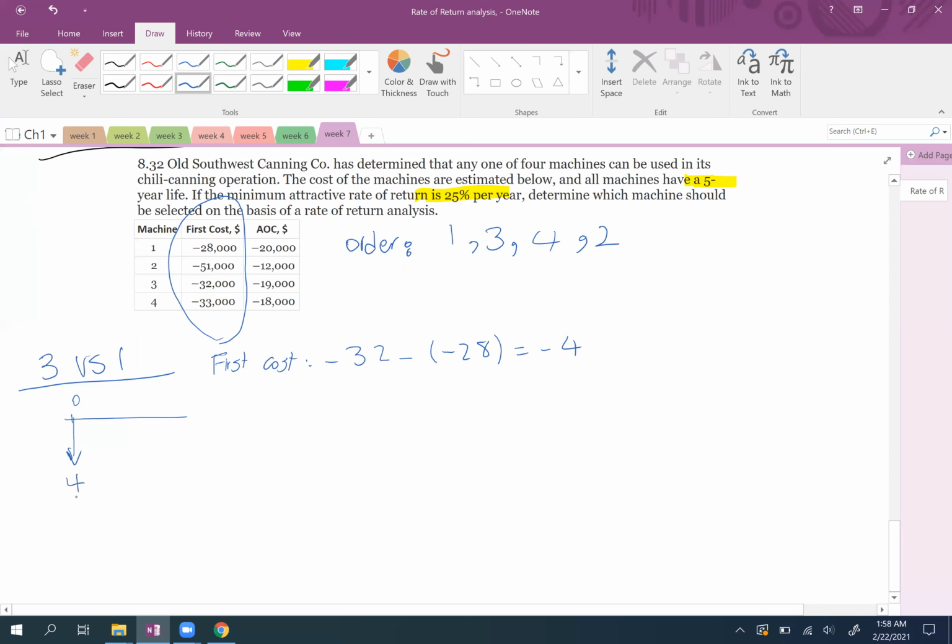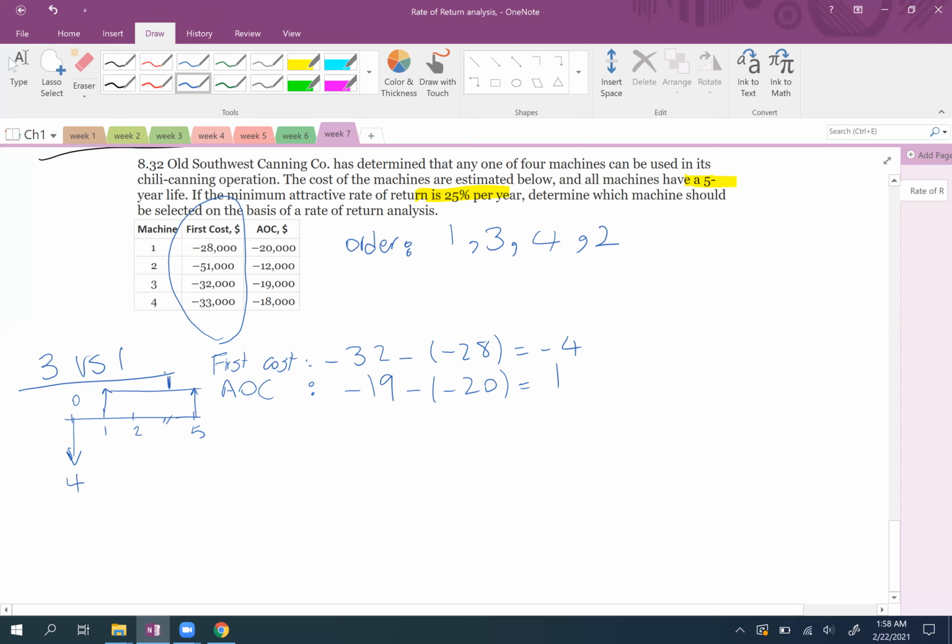And that's why I have 4 negative in this direction. Then for annual operation costs, 3 minus 1 will be negative 19 minus 20, which will be 1. So it will be 1, 2, all the way to year 5 will be 1.